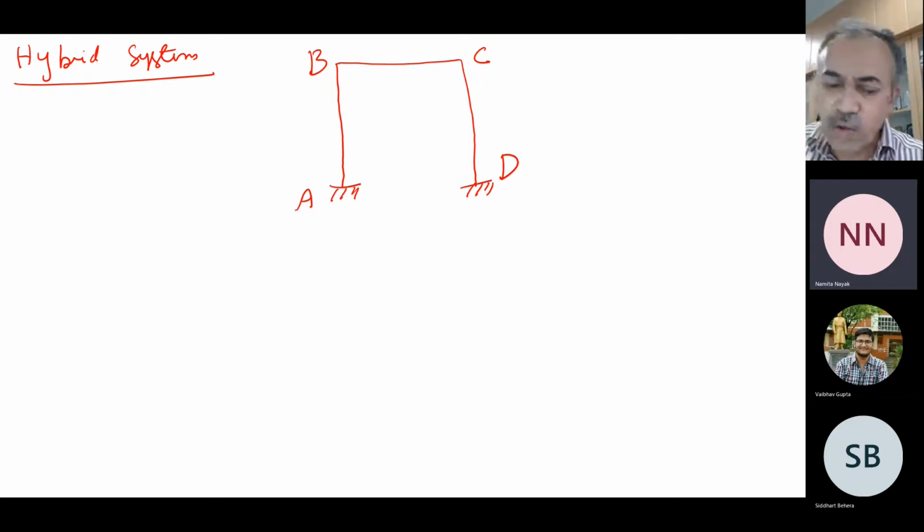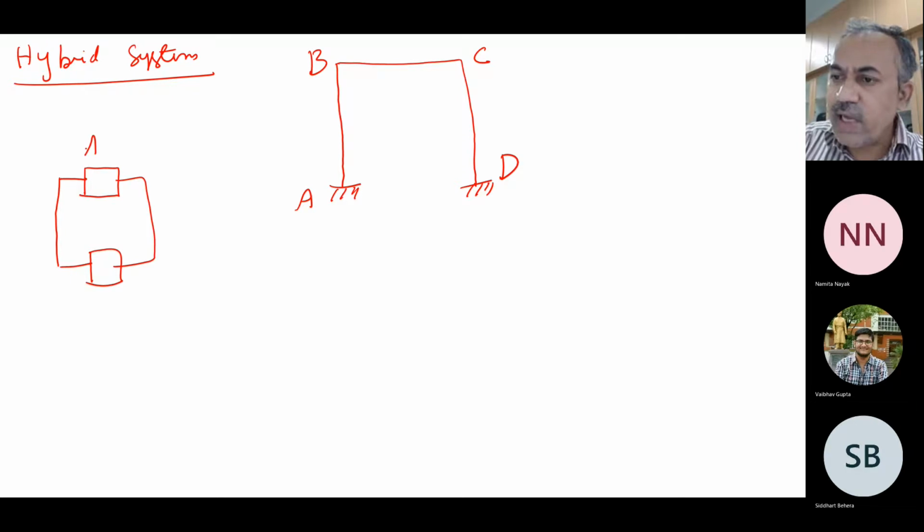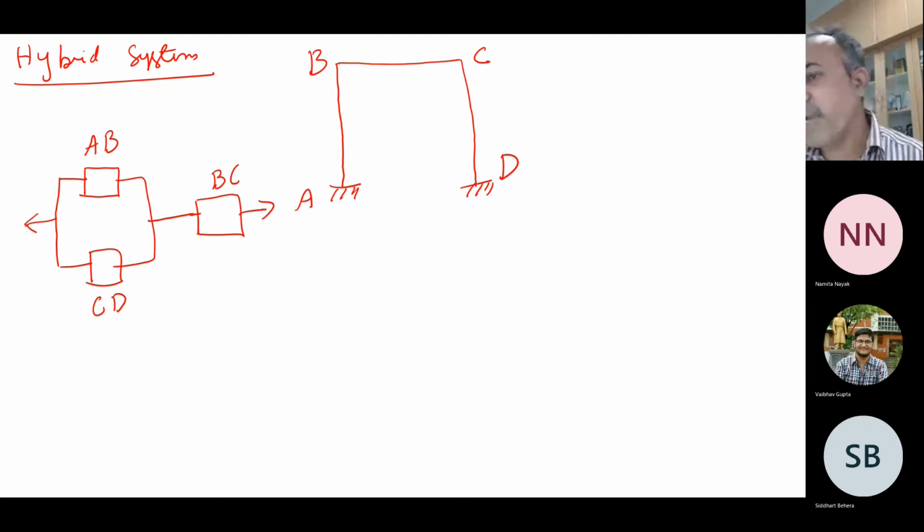So now if you want to write this, generally some sketches will do. Like you say, they do it like this. These two columns, this is AB, and this is column CD, and this is in series connection with the beam. So this is how they write it. This is how we indicate it, and sometimes this is not required. Some textbooks use a variety of symbols, like this also.